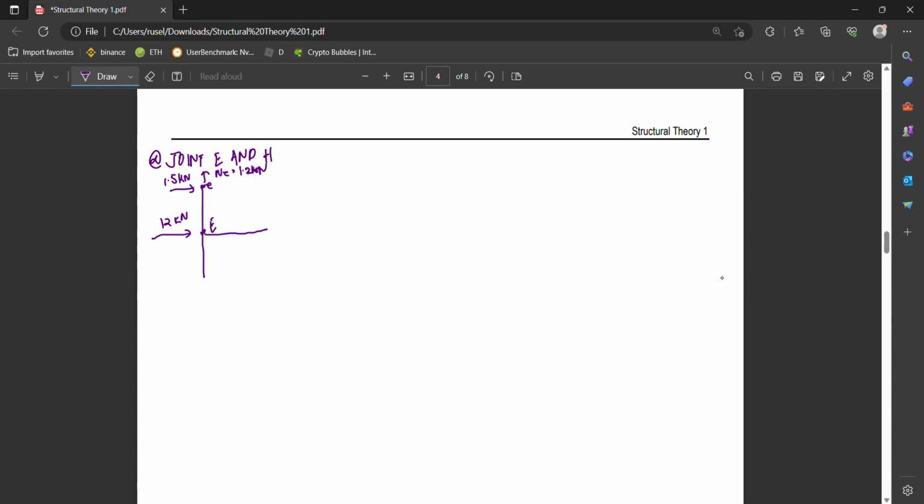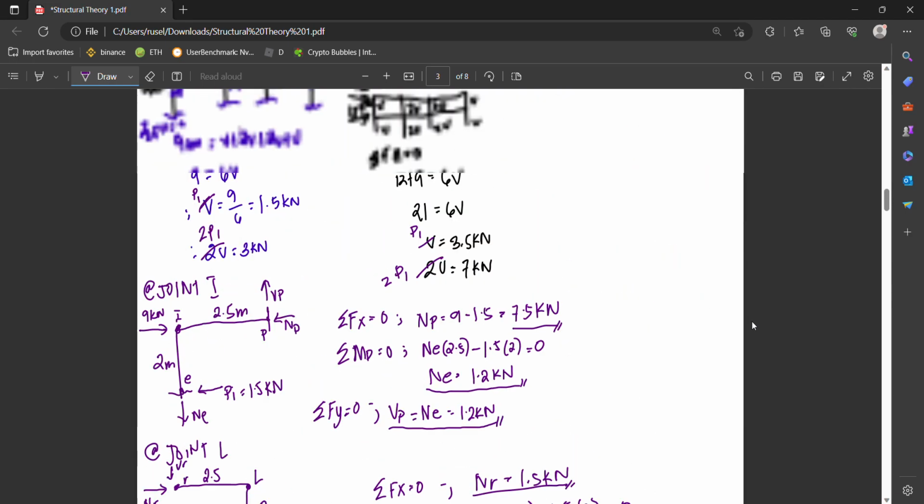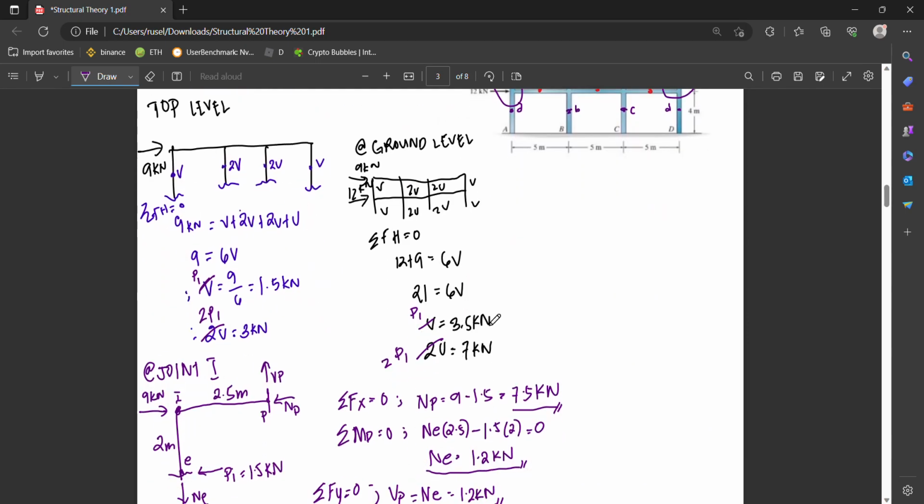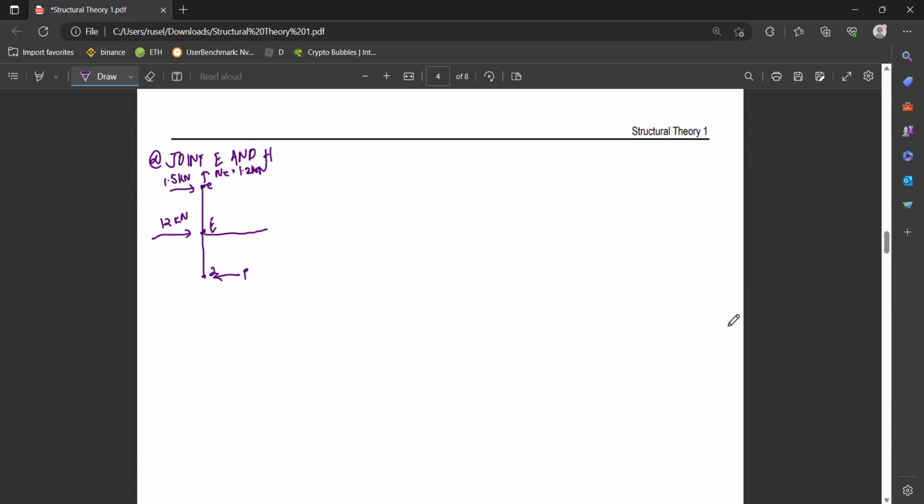So E, then this is your small letter A. Then may ano ka forces ka dyan or yung shear mo na P. Ano ba nilagay ko dyan? P1. Okay, this is your P2 na lang pala. Kasi sa ground level pala to. P2.